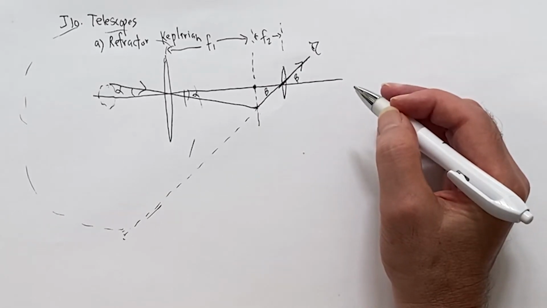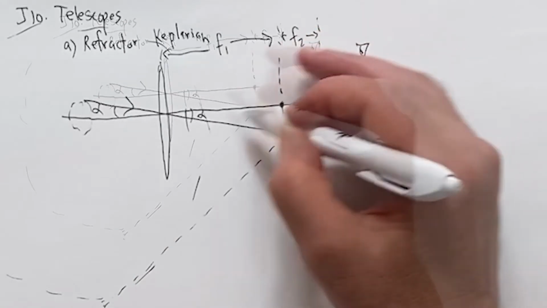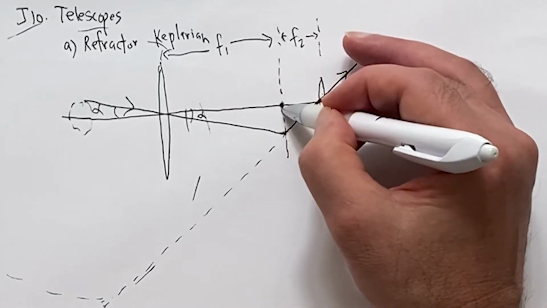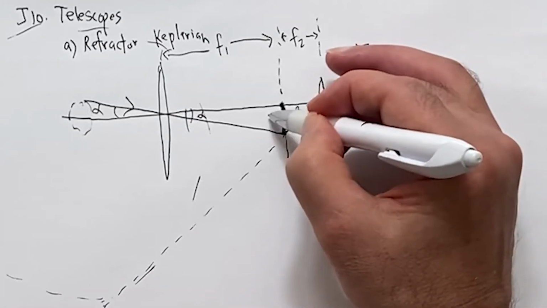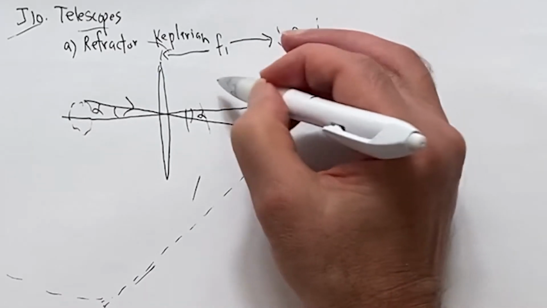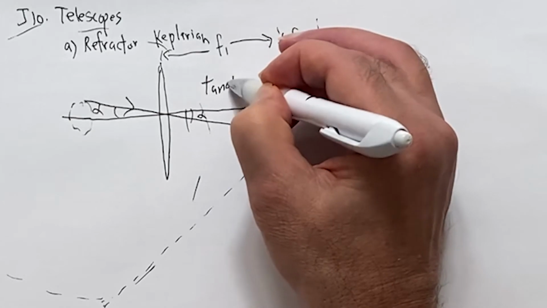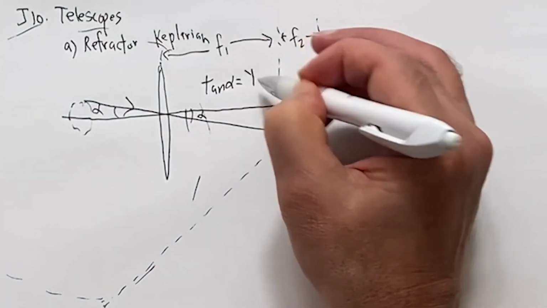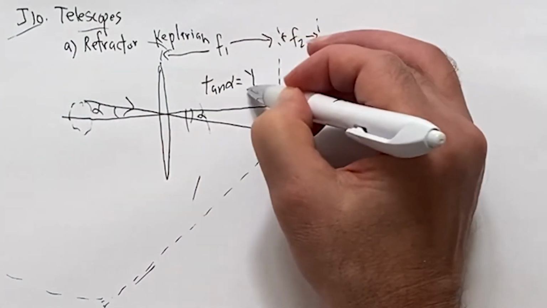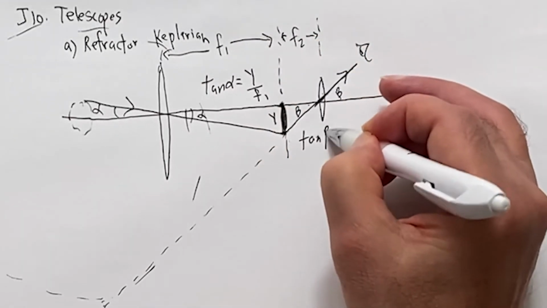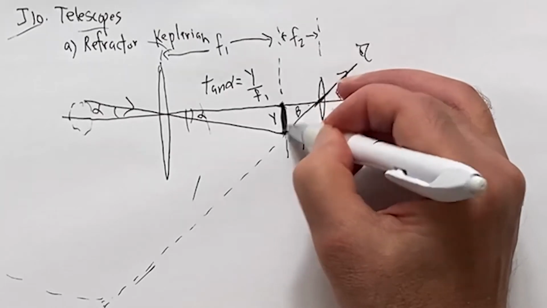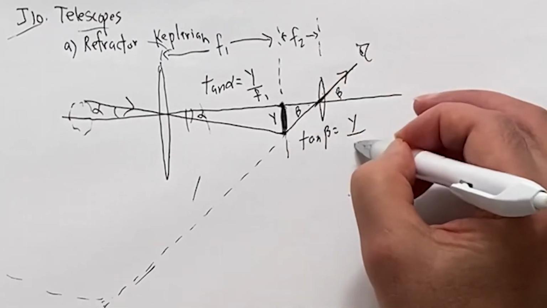And for the magnification, if you look at this alpha, and call this common side y for a second, then the tangent of alpha is y over F1, and the tangent of beta is y over F2.